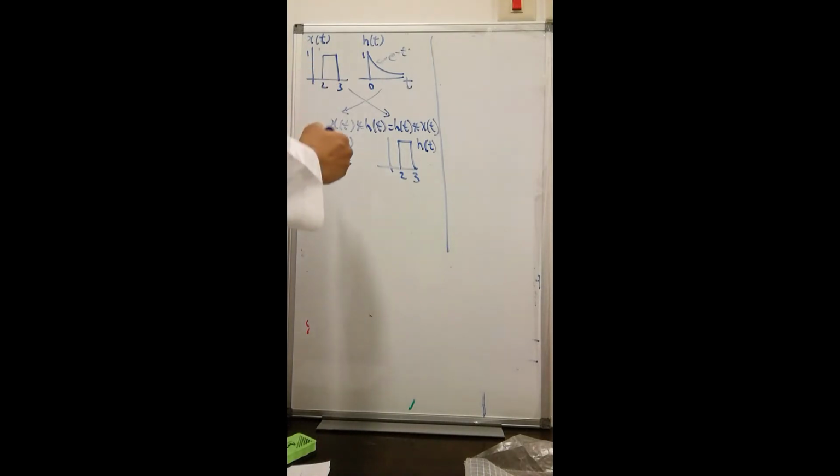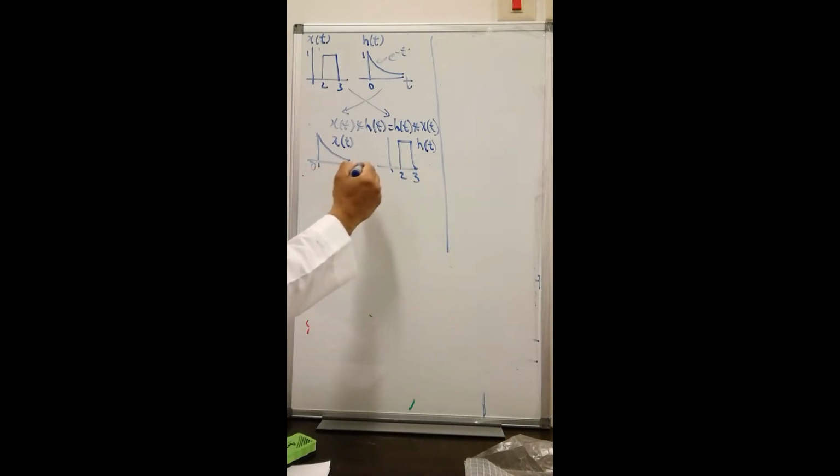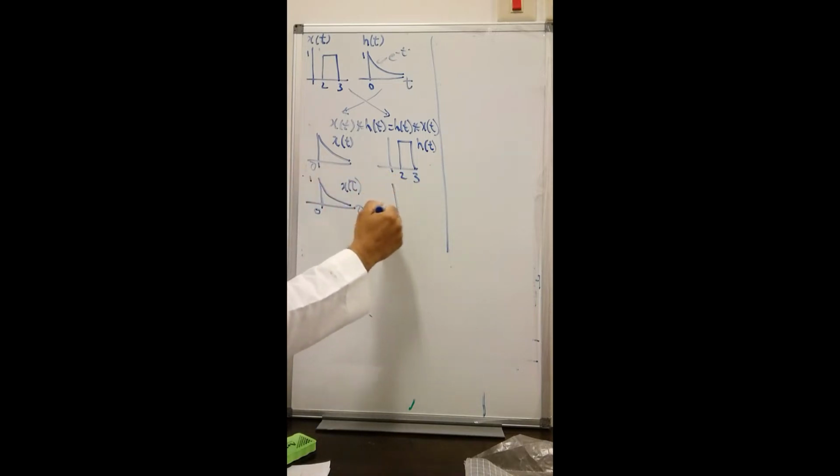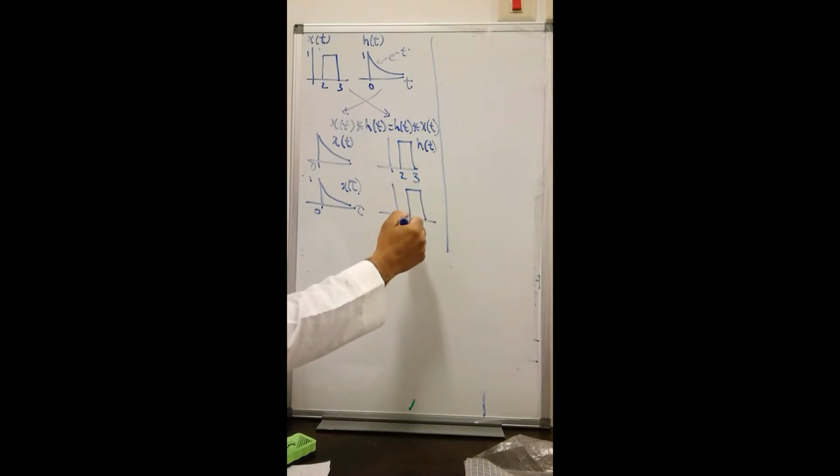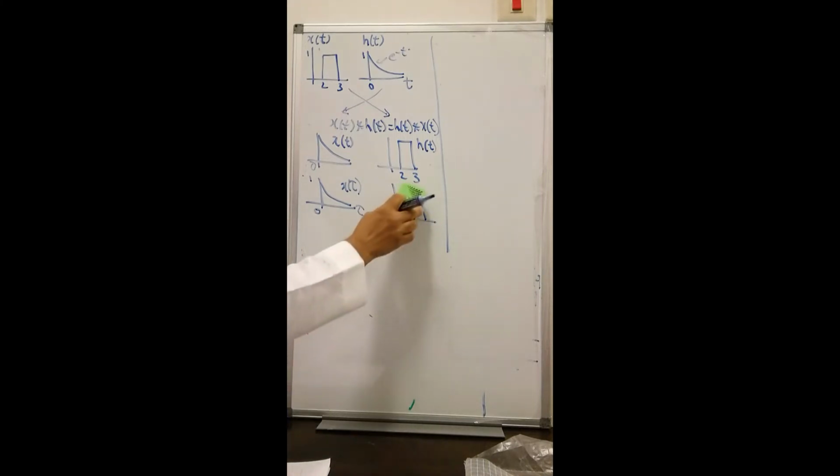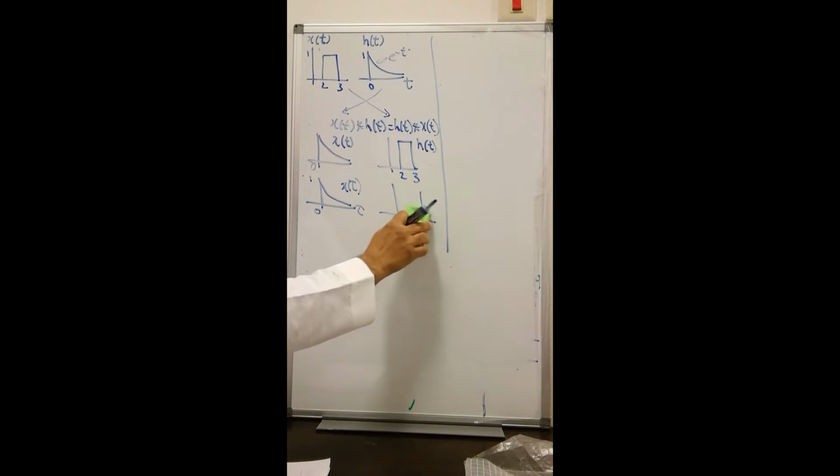The first step is to change the axes as we did before. So this will become x of tau, and this will become h of minus tau.